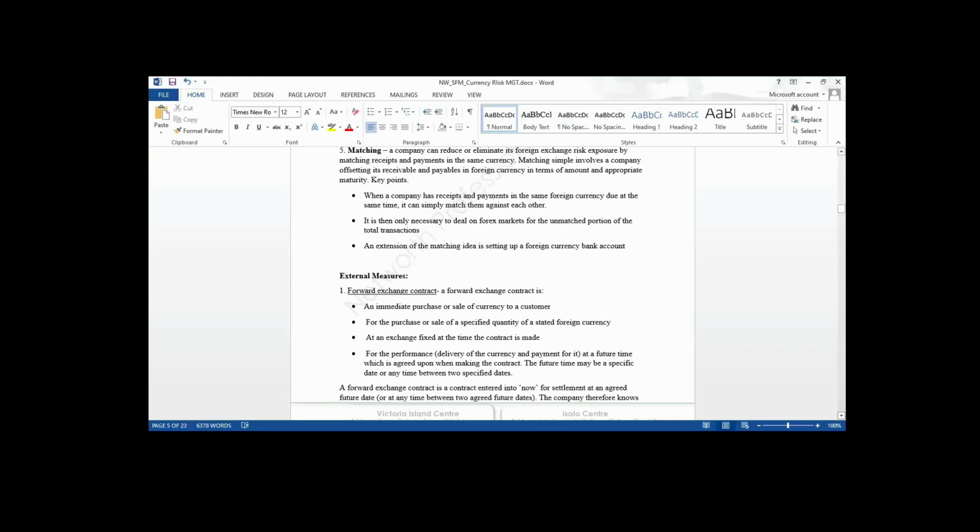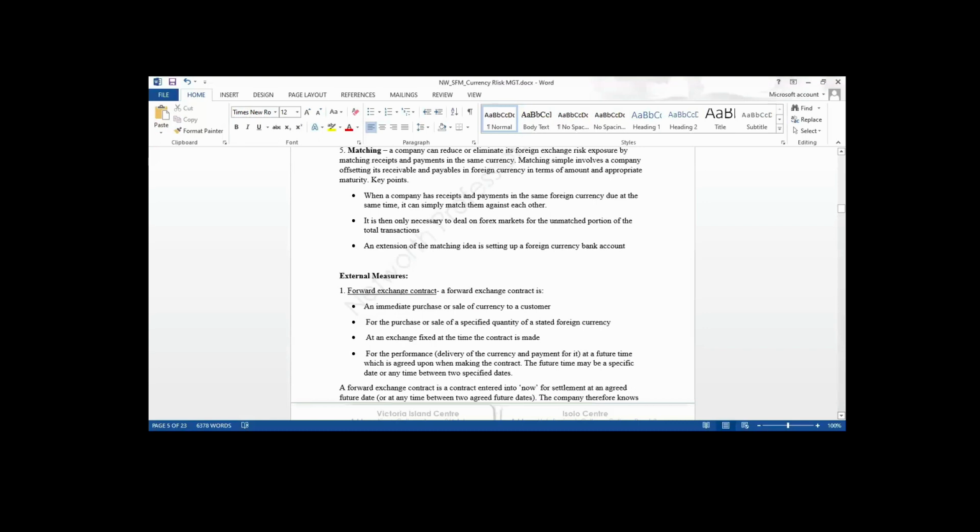What that means is, if I want to make payments in dollars at a future period, I can hedge using forward exchange contracts. I'm going to obtain an exchange rate now for the future payments I want to make.